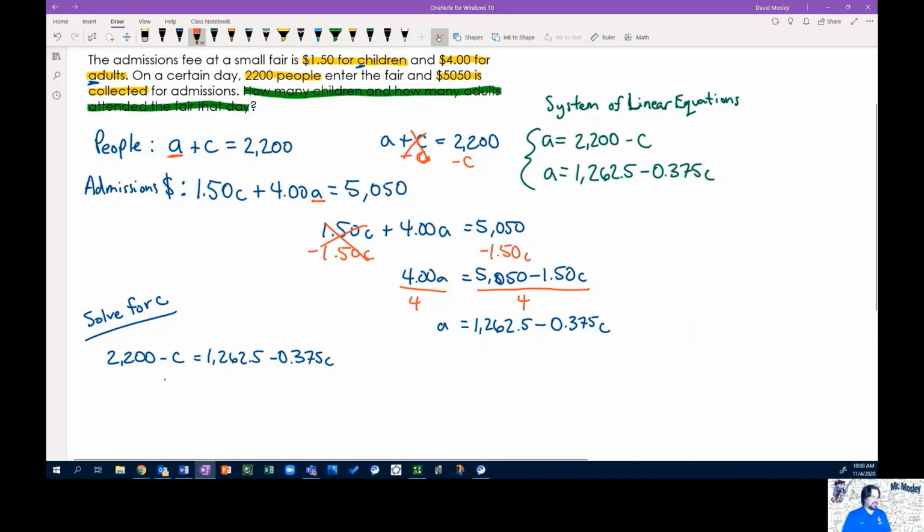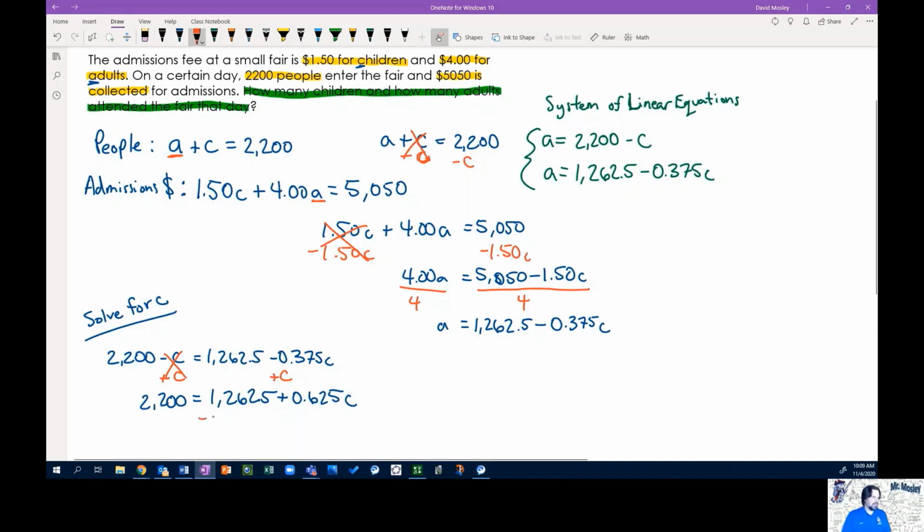I need C on one side and numbers on the other side. I'm going to start by adding C to both sides. The reason I do this is because I end up with a positive valued C on the right-hand side, which is nice. I like positive numbers. That leaves me on the left-hand side with 2200 equals 1262.5 plus, negative 0.375 plus 1 leaves a positive 0.625C.